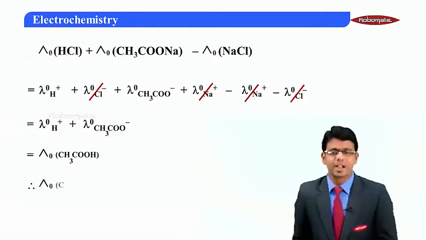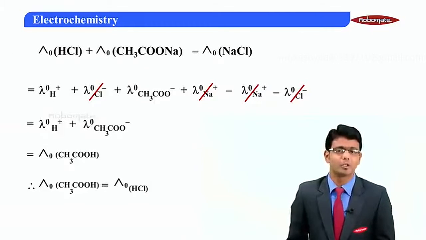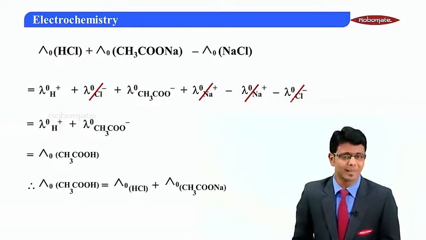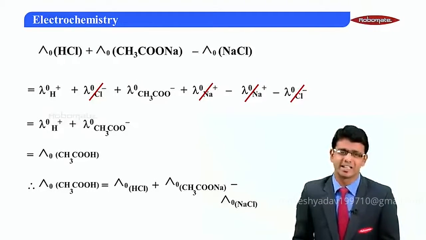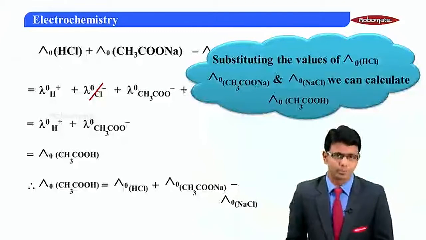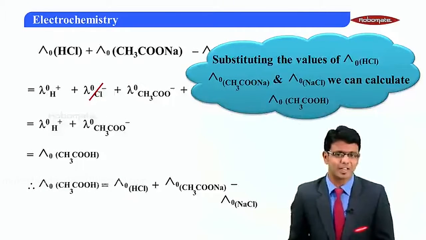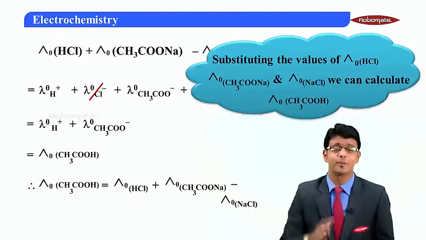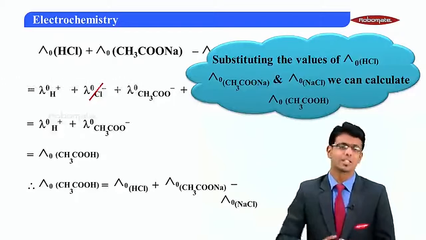So we can simply write lambda naught of acetic acid is nothing but the summation of lambda naught values of HCl and sodium acetate, subtracting the lambda naught value of NaCl. If we know the lambda naught values of these salts, we can easily find the molar conductivity at zero concentration for acetic acid. Alright students, I hope this is clear to you all.